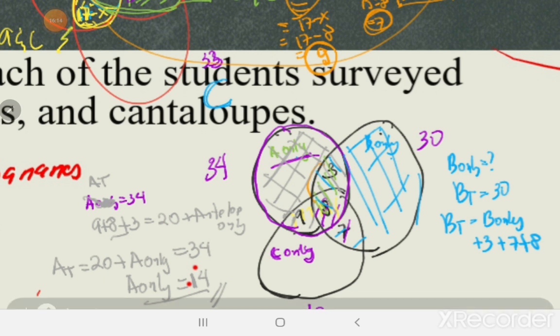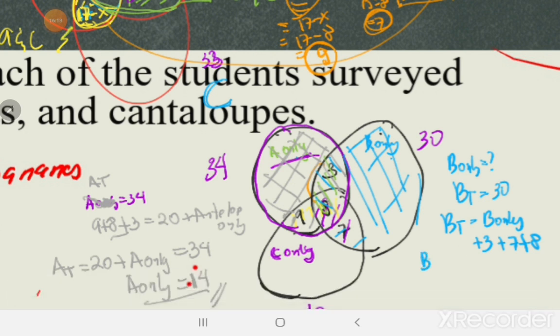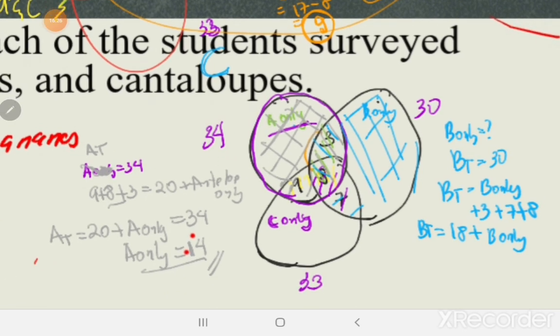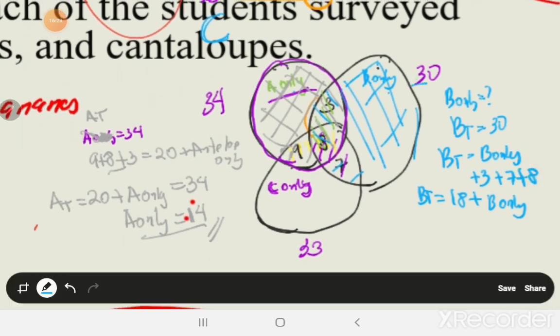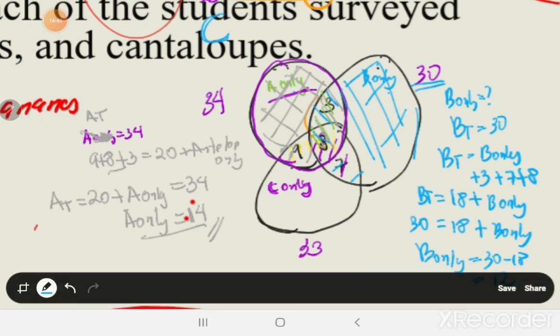Right? So, B total is equal to 3 plus 8 is 11 plus 7 is 18, plus those loyal to banana, the B only. So, we have our B total defined as 30. Therefore, 30 is equal to 18 plus B only. So, I may say that my B only is equal to 30 minus 18, or it is equal to 12. Right? That is my B only.